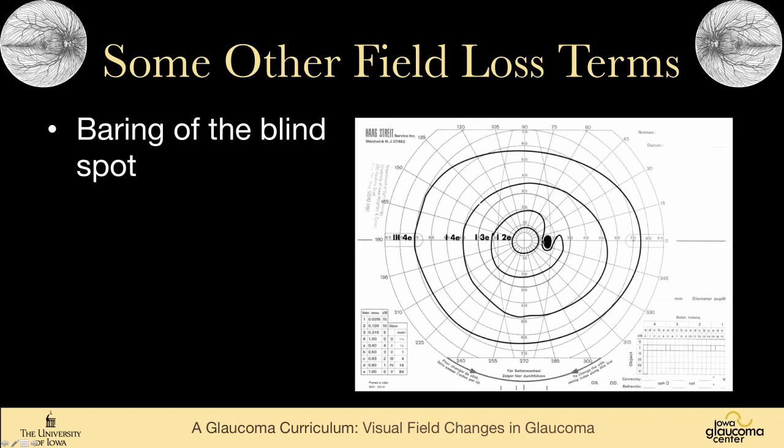That's really not a sign of disease. If there are multiple isopters that ducked around the blind spot, then that would be true bearing of the blind spot. Or it would also be called an arcuate scotoma, which I think is a better term.